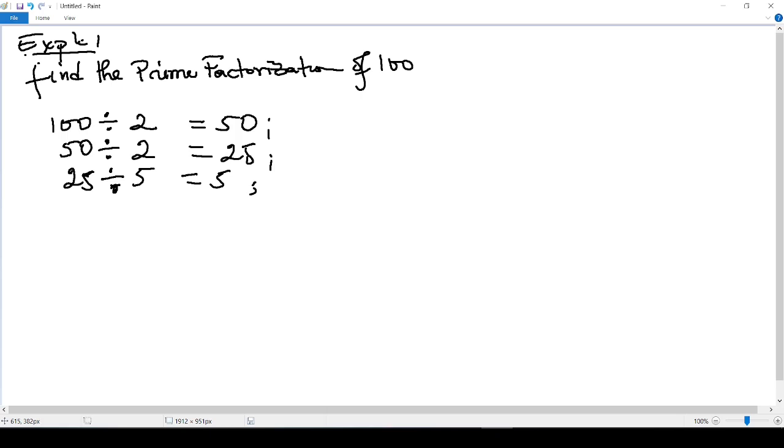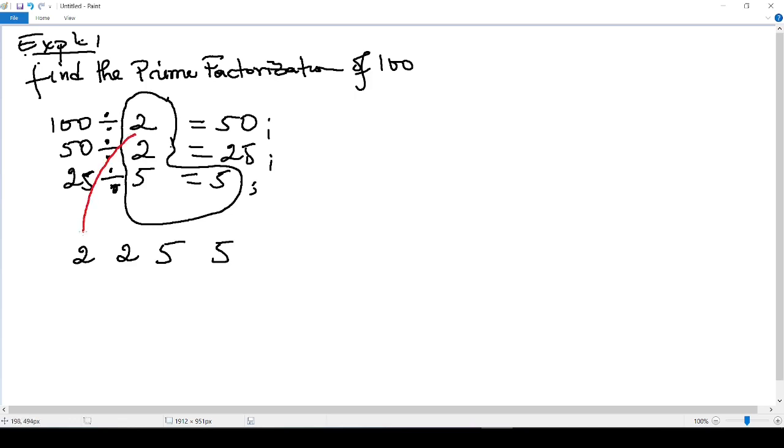So if I highlight them, they are these numbers. Including my final result, I will have 2, 2, 5, and 5. If I want to label them, I'll say this 2 is right there, this 2 is right there, this 5 is right there, and this 5 is right there.